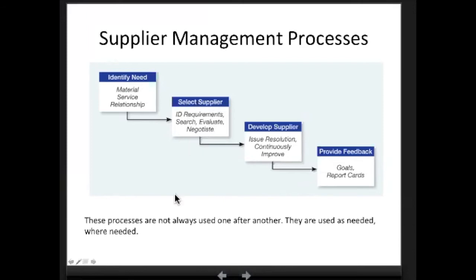So you are searching, evaluating, negotiating with these suppliers. Then once the supplier has been selected, you are developing them. There's issue resolution, there is continuous improvement that is going on for the supplier, and then providing feedback on an ongoing timely basis so that they understand what their goals are, how they've been performing on those, and sort of a report card for them.